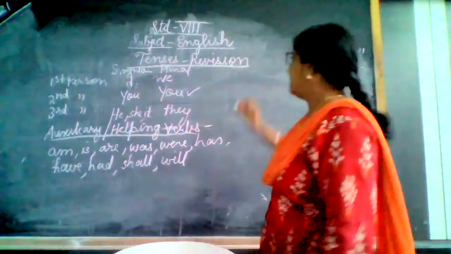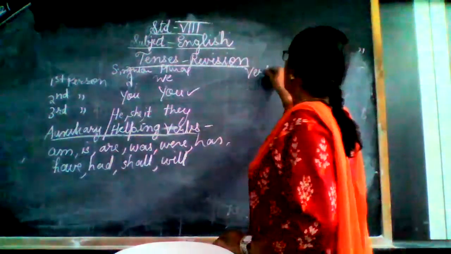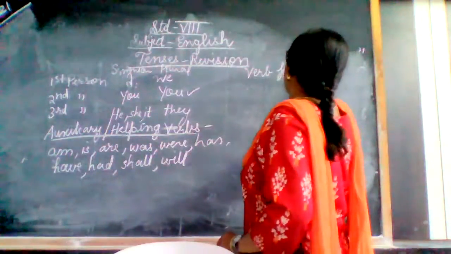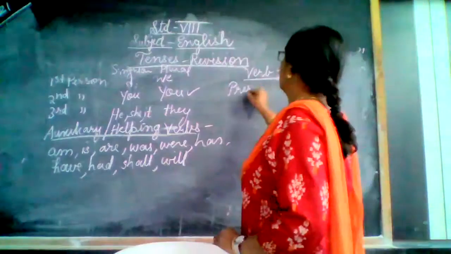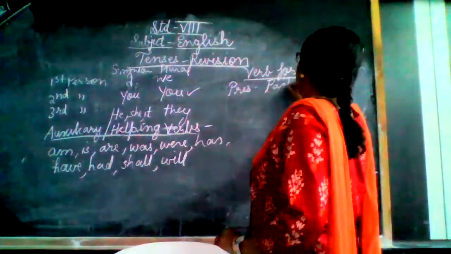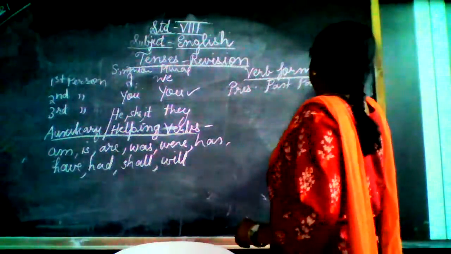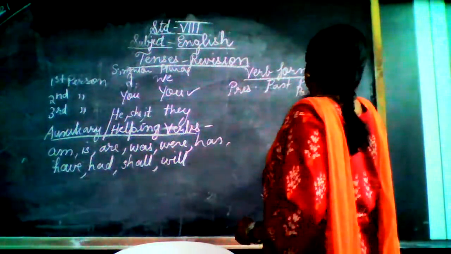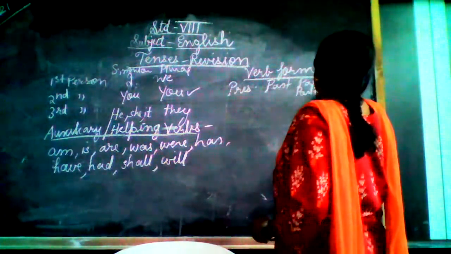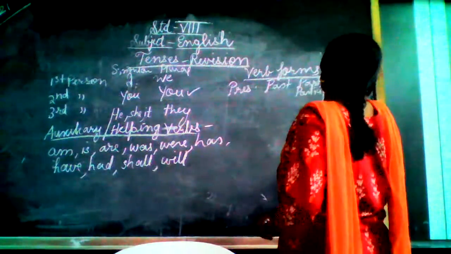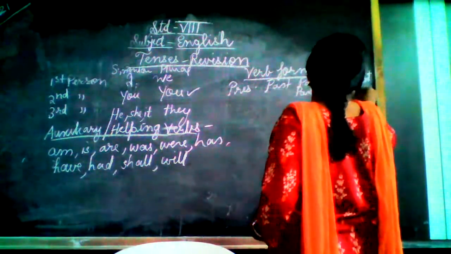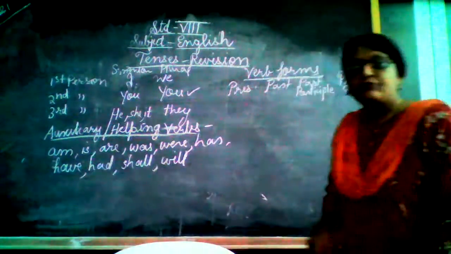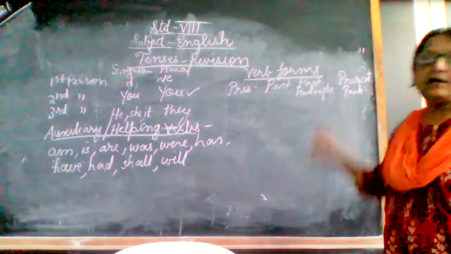The third topic is our verb forms. There are four forms of verbs we have done: present, past, past participle, and present participle. So these four forms of the verb: V1, V2, V3 and V4.